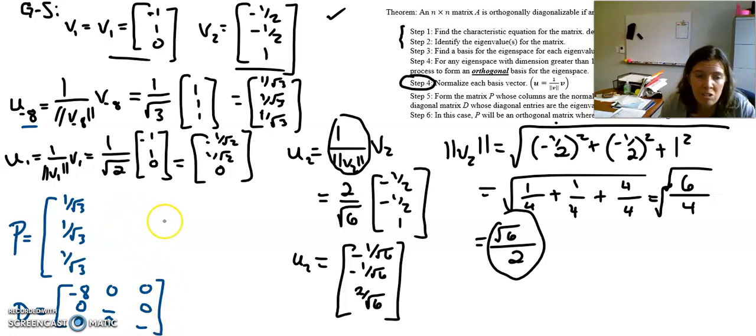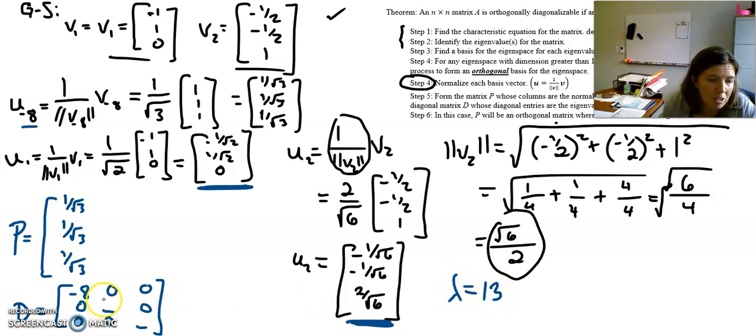Okay, now the next two eigenvectors, so the U1 right here and the U2 right here, both of these correspond to the eigenvalue 13. If you remember that from earlier. Both of them correspond to 13. So column 2 and column 3 should both have a 13 in it, that corresponding eigenvalue.